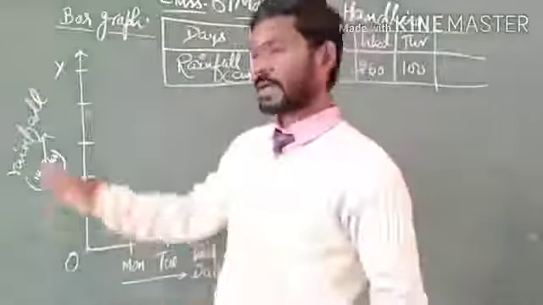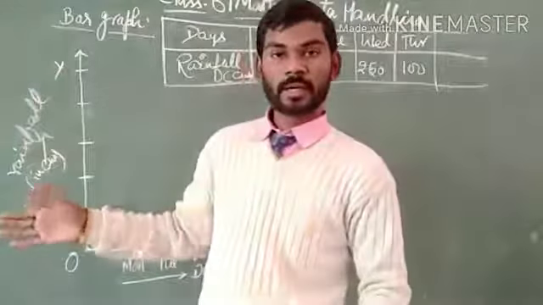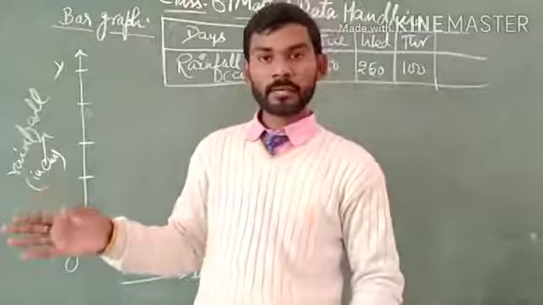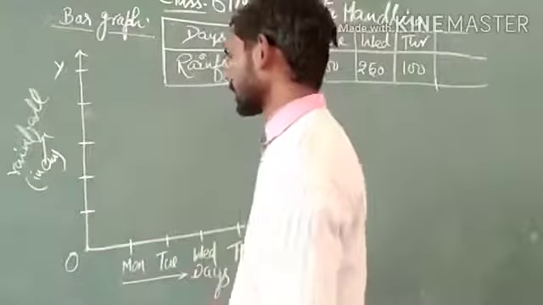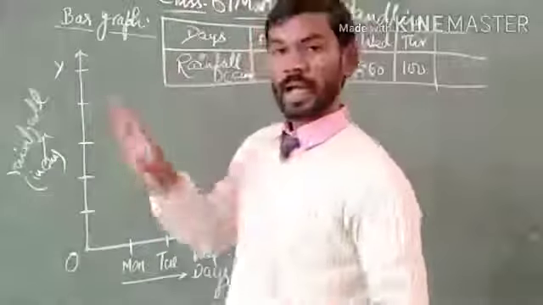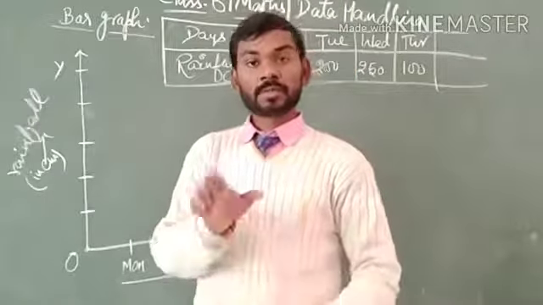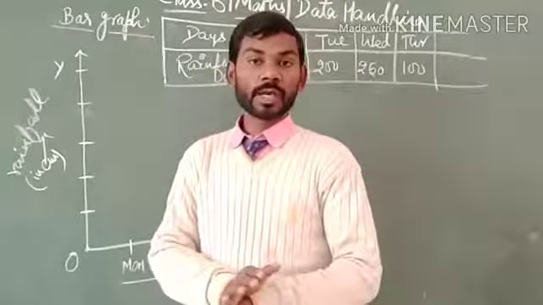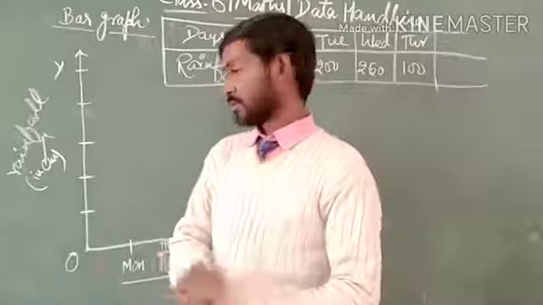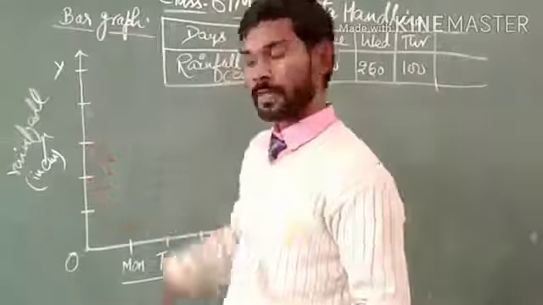Similarly, on the vertical line we are representing the rainfall in the centimeter, therefore we write, since each part is of 100 units, it is also necessary to justify the units of the part as given here.